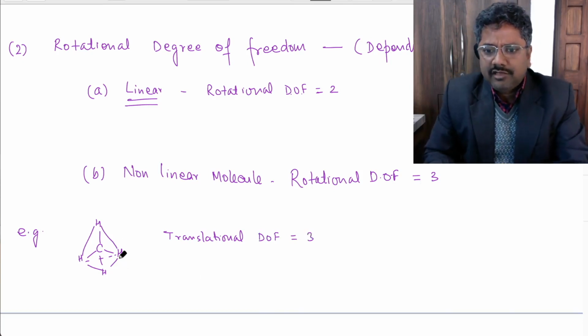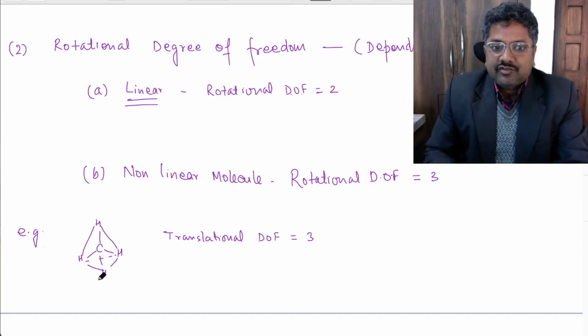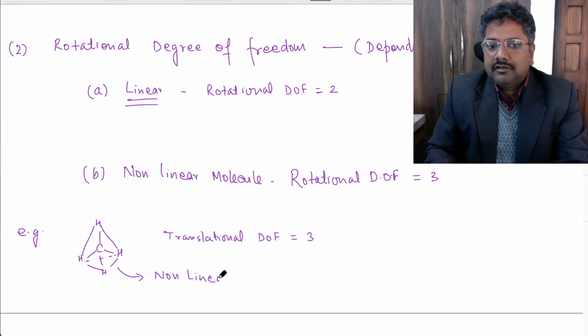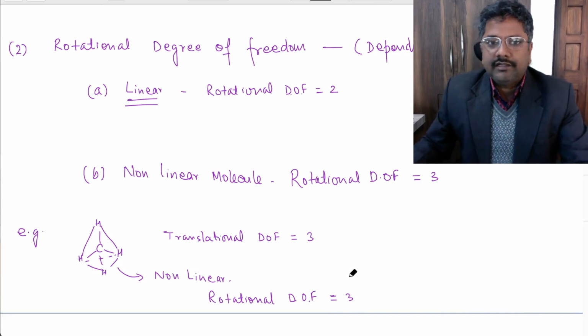Rotational degree of freedom: is it linear or non-linear? This is a non-linear molecule, so rotational degree of freedom is equal to 3, right? So this is how to calculate the rotational degree of freedom.